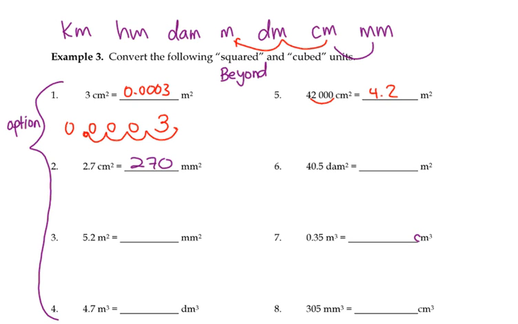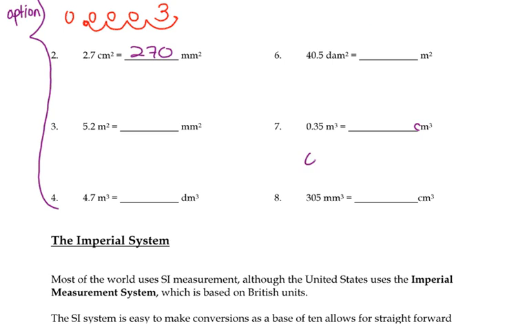So now what would it be? 6, because we have to do it 3 times. We're going to move it 6 times to the right: 1, 2, 3, 4, 5, 6. Add our zeros. So 350,000 centimeters cubed is equivalent to 0.35 meters cubed.